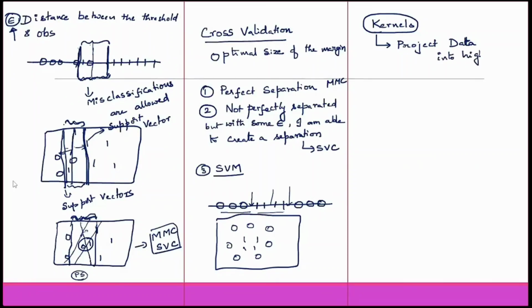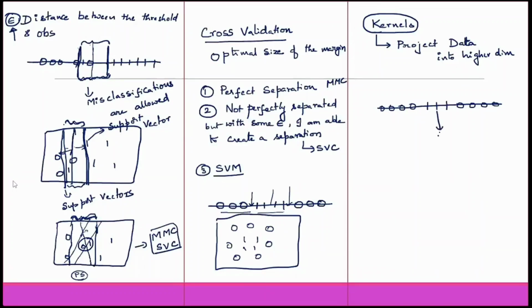Now, what is happening? I'll give you a very simple example. In this case, let me do some kind of transformation such that this value will be around 0.